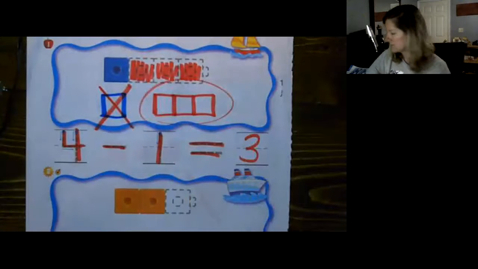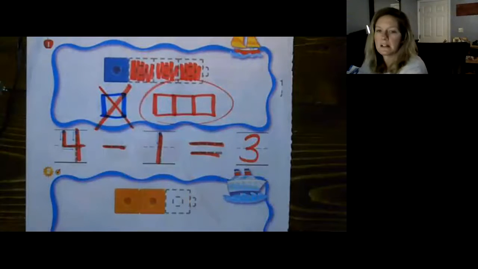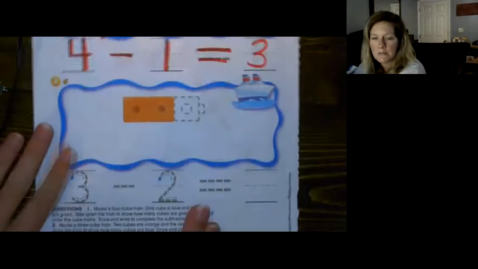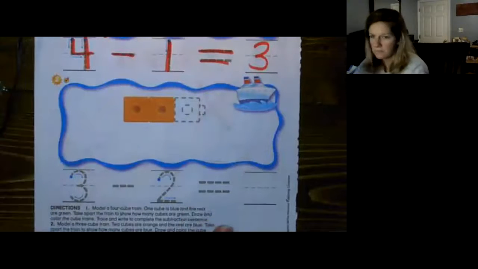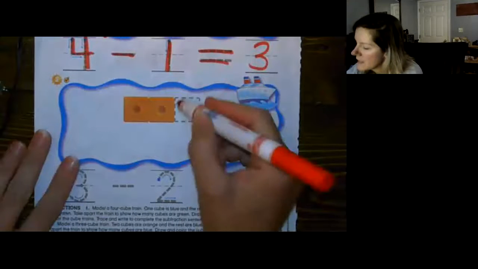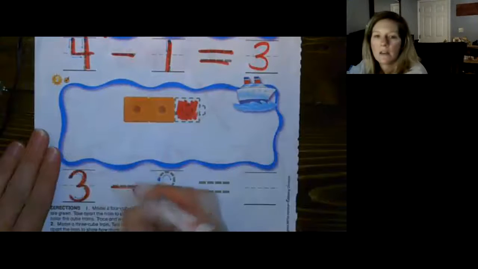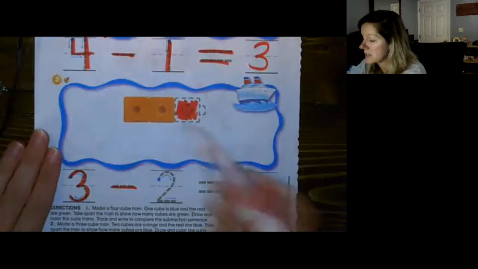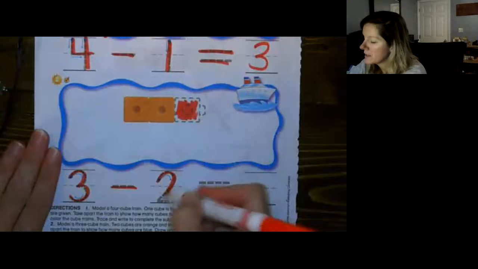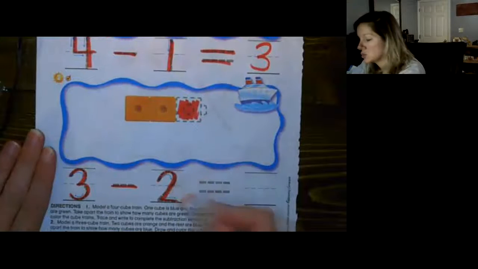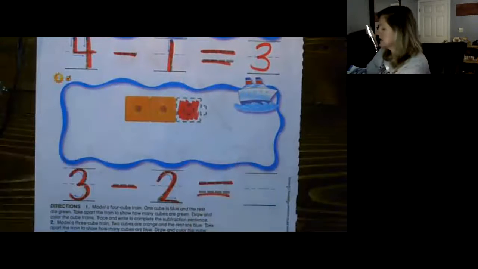All right, let's go ahead and move down to the next one. Again, I'm just going to keep my red marker. Color this guy in here. How many cubes do you have all together? 3. You have 3 cubes all together. How many are we going to take away? 2. All right, and we need to see how many that is left.